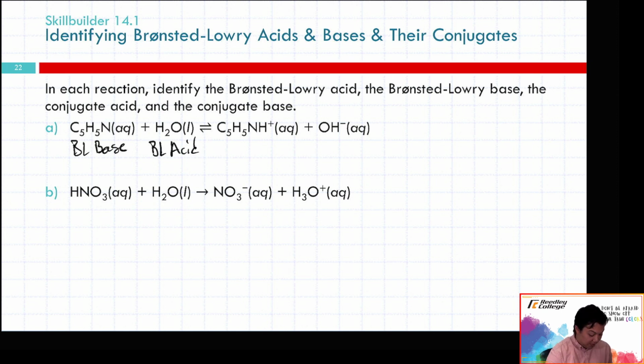And then on the other side, OH minus would be our conjugate base, and this C5H5NH plus would be our conjugate acid.